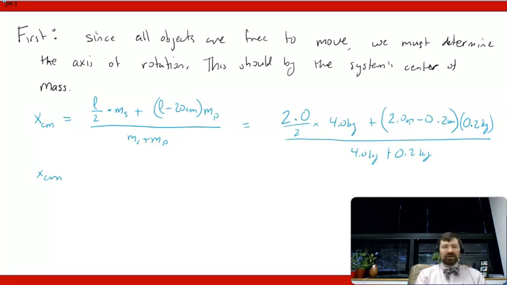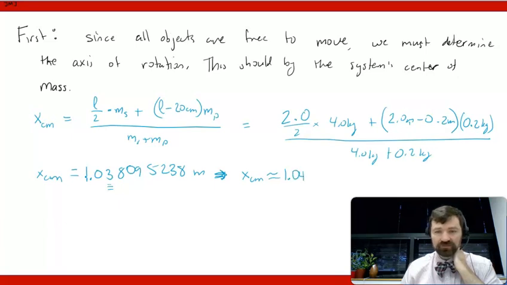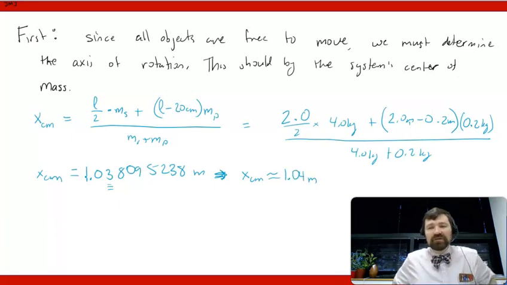So my center of mass location is 1.03809523 meters. We will maybe take that to this digit here, and so my center of mass location from the end of the stick is about 1.04 meters from the end of the stick.